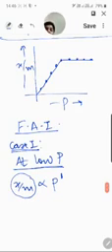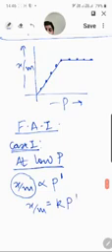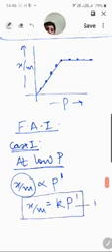At low pressure, the extent of adsorption depends upon the first power of pressure. When we write equal in place of proportionality, then a constant appears. This is equation number 1. This appears when pressure is very low.